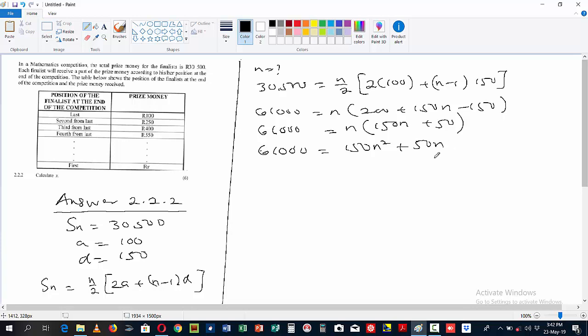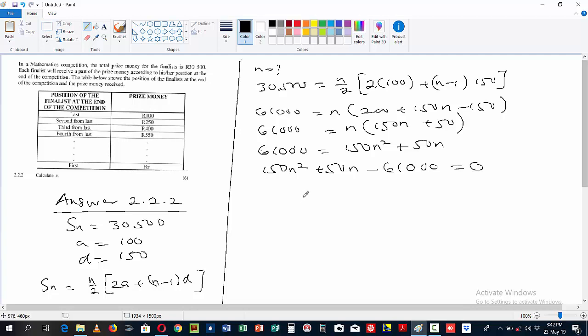So let us collect the like terms. Let us move everything from this side to the other side. So we are going to have 150n square plus 50n minus 61,000 equal to 0.